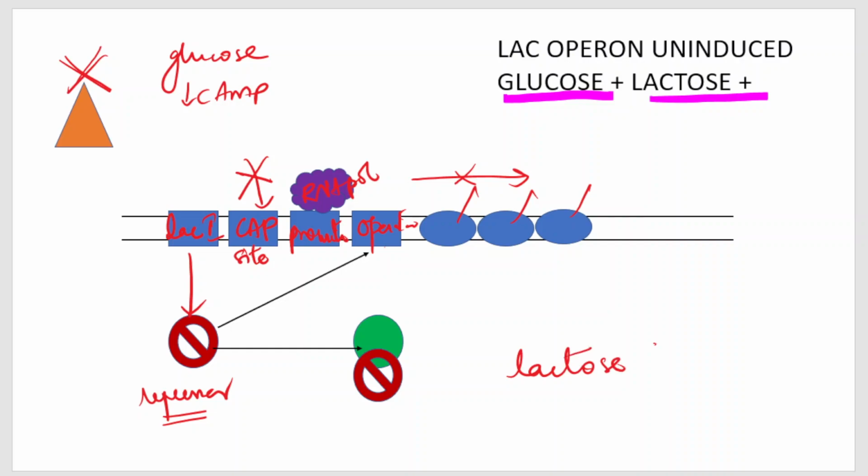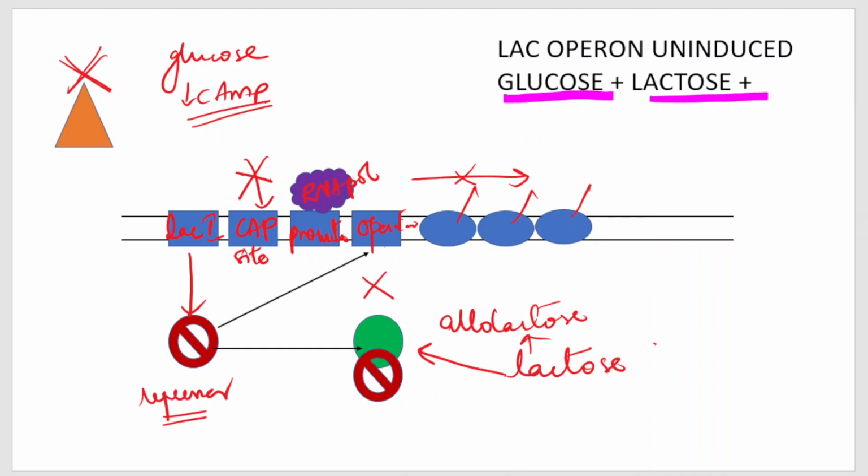Some amount of lactose can produce allolactose, which can inhibit the repressor. Some of the repressor protein can bind to the operator site and block the transcription. Some of the repressor proteins are blocked by the inducer, allolactose, which is produced from the lactose. And since glucose is present, the cyclic AMP levels are less, so the CAP site is not bound to the CAP plus cyclic AMP protein.